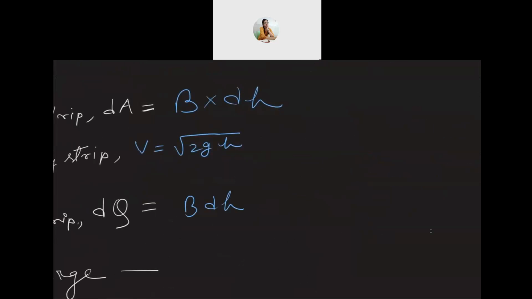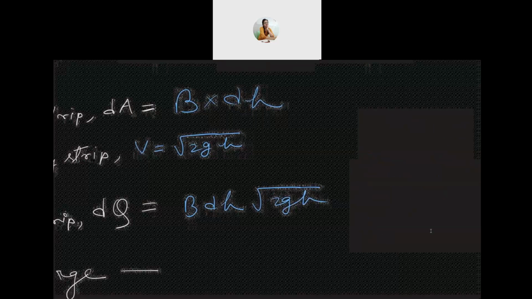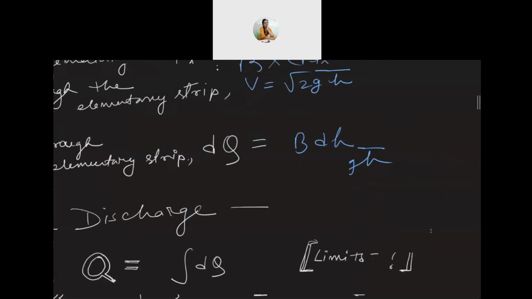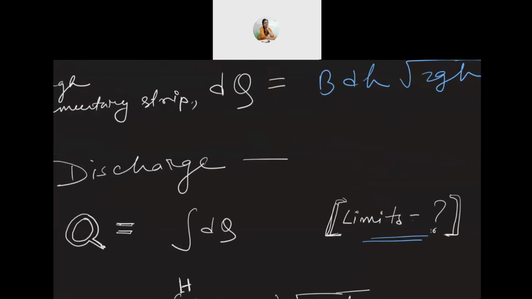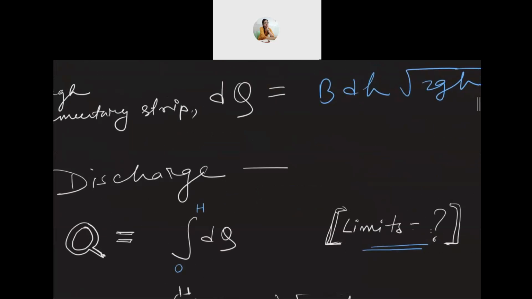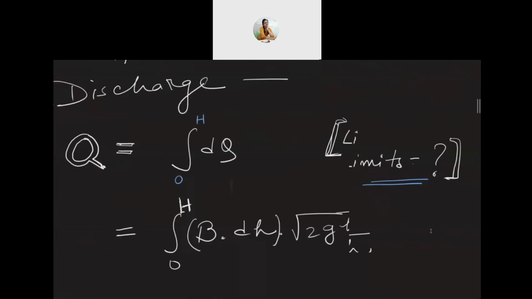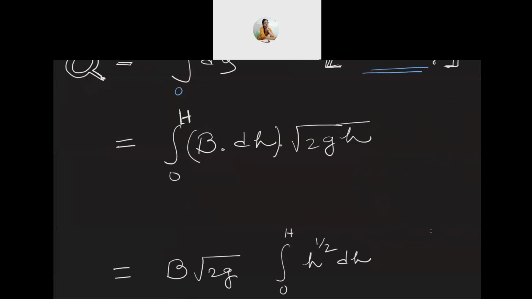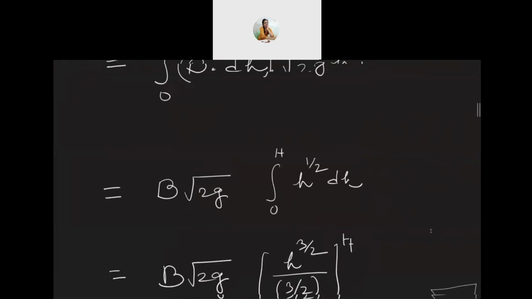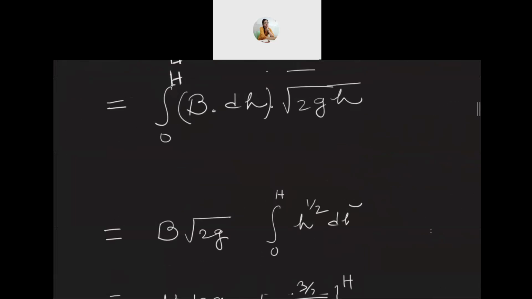Now, the total discharge can be obtained by integrating this. However, the limits of integration will be from h equal to 0 to h equal to capital H. So therefore, we are going to write the limits as 0 to capital H. And once we put in the values of these things, the area is given as B into dh, and the velocity is given as root over 2gh.